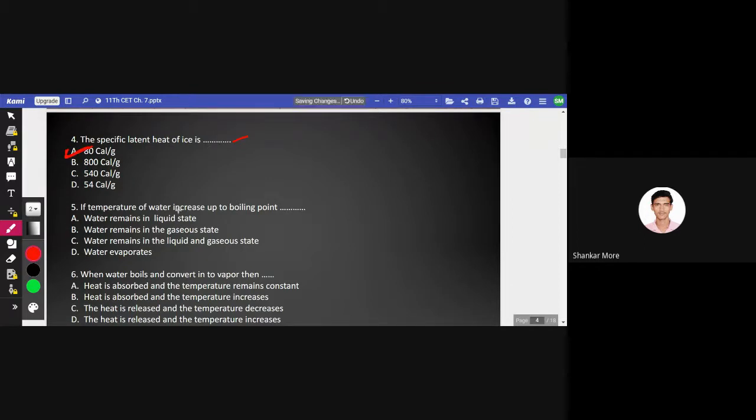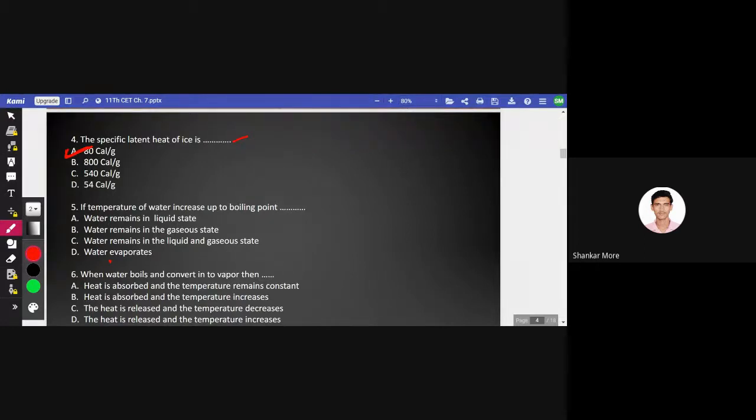If the temperature of water increases up to the boiling point, then water remains in the liquid state, water remains in the gaseous state, water remains in the liquid and gaseous state, or water evaporates. Which option is correct? Does it suddenly evaporate, or is it a gradual process, like it is in the liquid as well as the gaseous state?